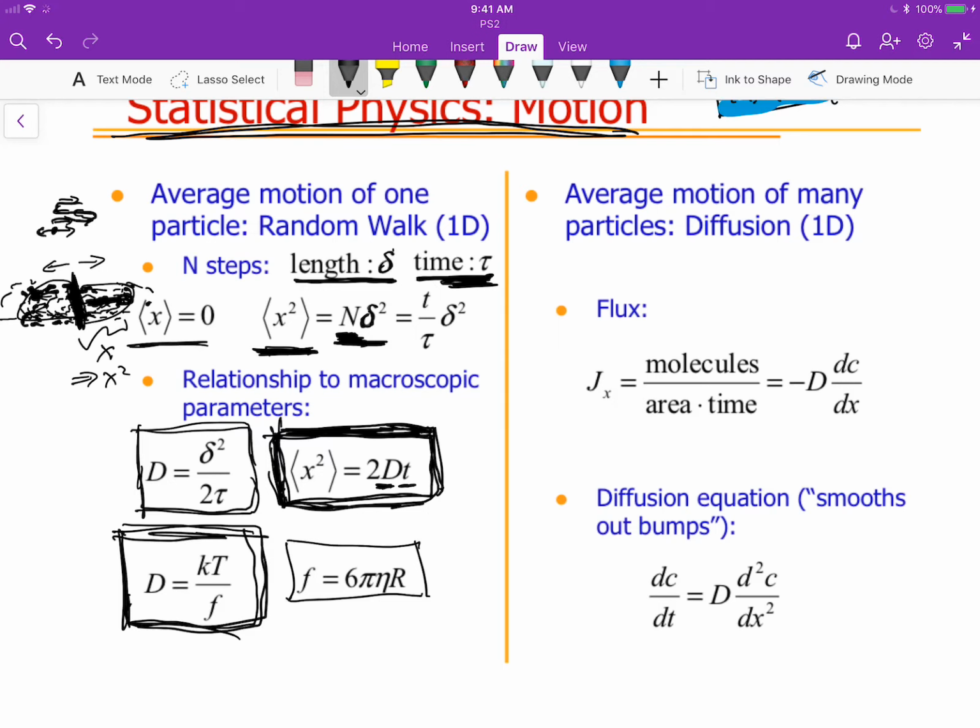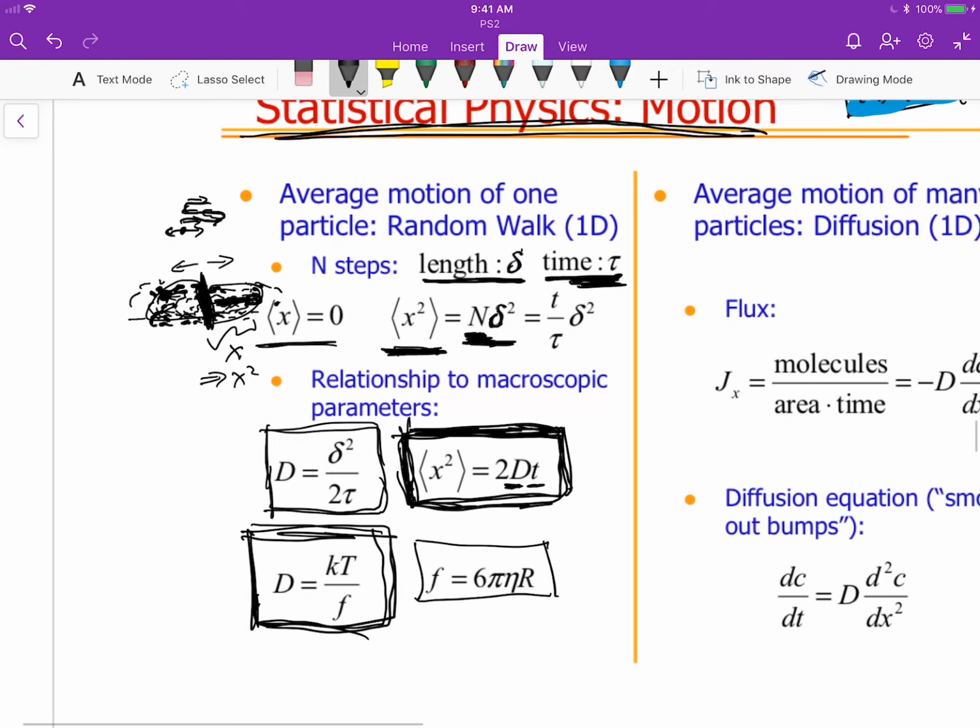The situation you want to think about depends on how many dimensions you have.